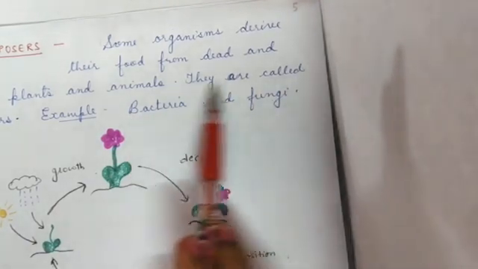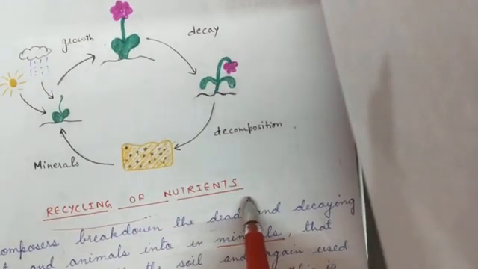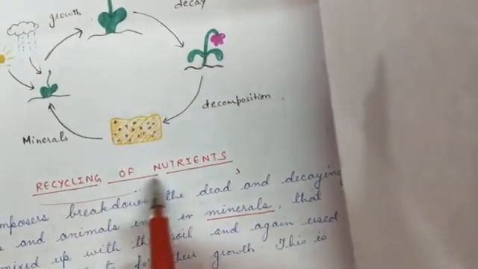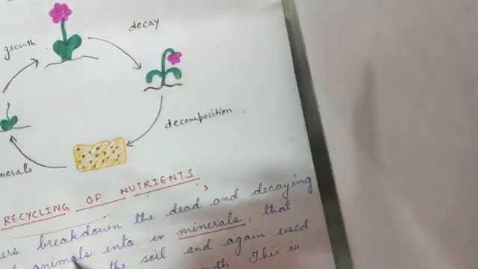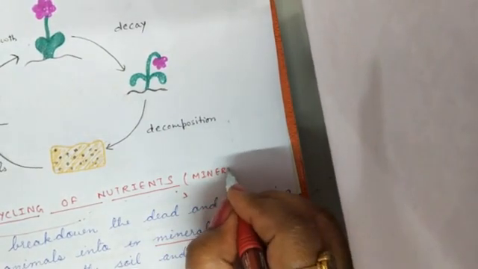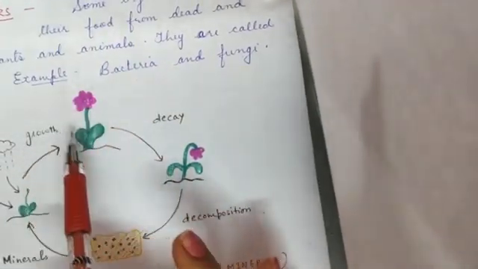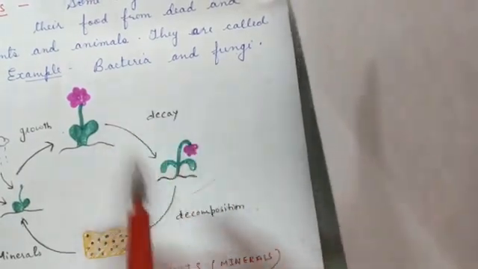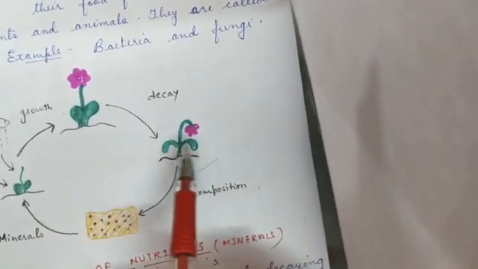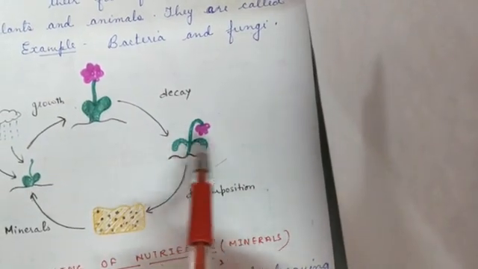And these microorganisms, these decomposers, help in one of the very important processes taking place in the environment, that is recycling of nutrients, or recycling of minerals also, you can say. How does it happen? Whenever any plant or animal dies, these decomposers secrete juices on them and convert them into the simplest form, into minerals.